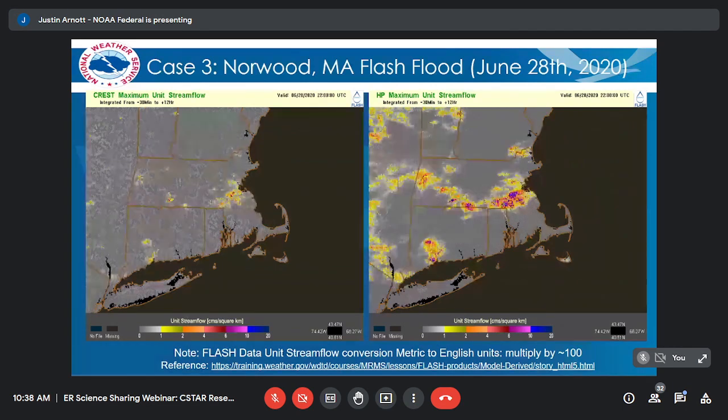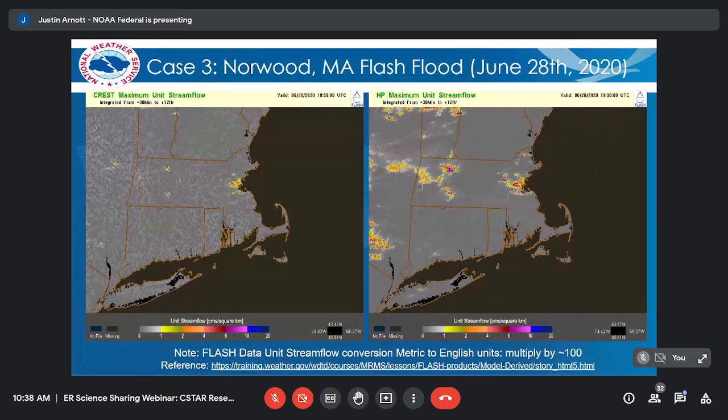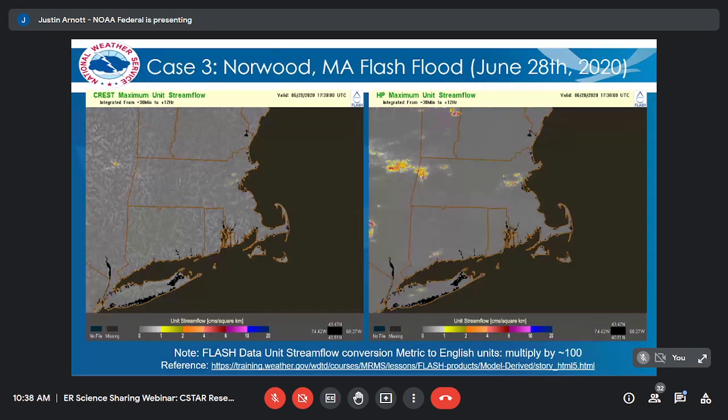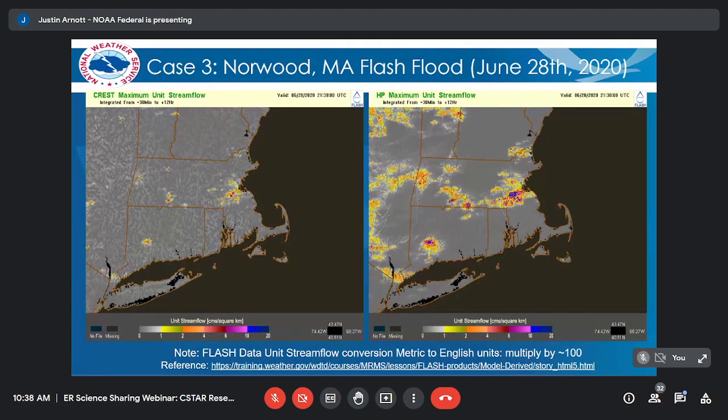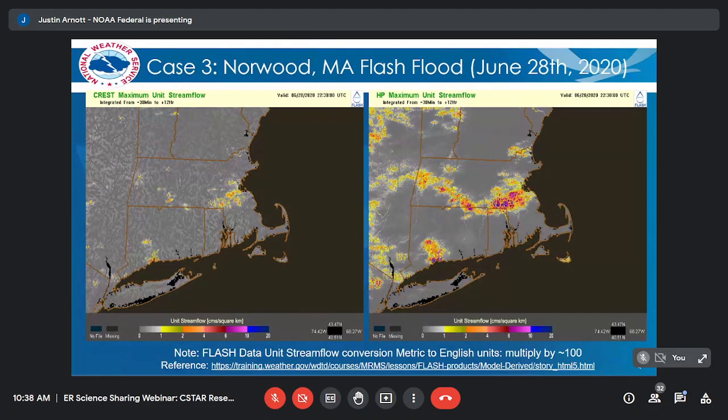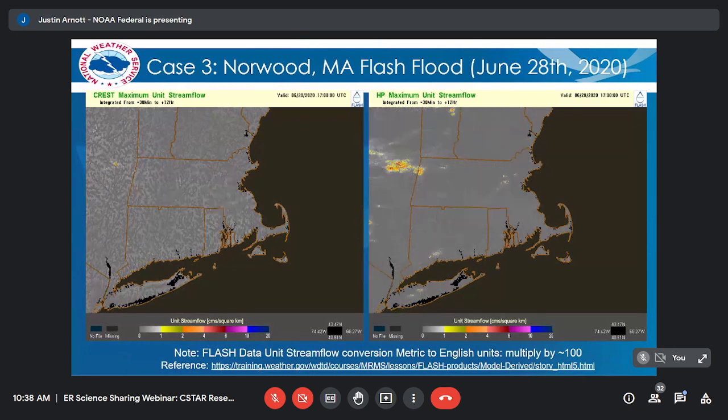Taking a look at the maximum unit stream flow from CREST on the left-hand side, and the HP on the right-hand side, you can kind of see where the heavy rainfall occurred, where you have the blue shading on the right-hand side.